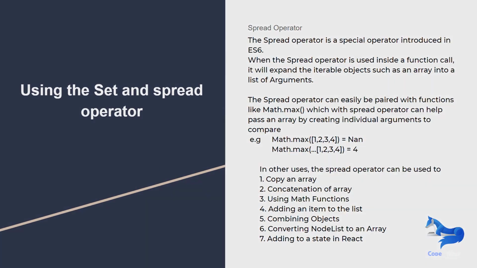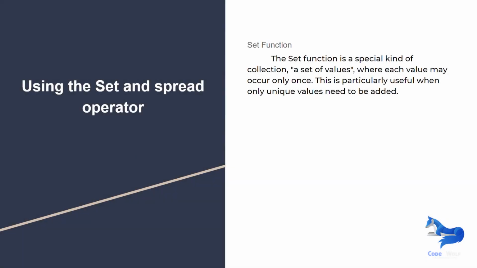Now let's move ahead and understand how the set function can help us. Well, again, if you are familiar with the use of maps, we can consider this a special kind of collection like a map as well. But the key difference lies in that the values that occur in a set will only occur once.